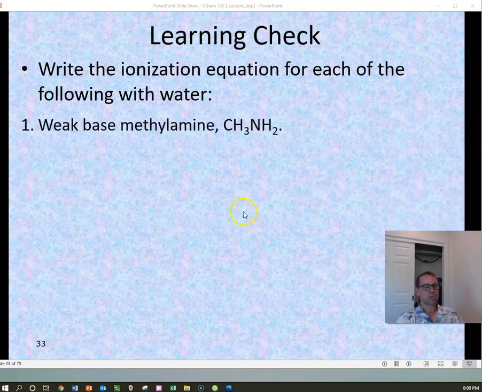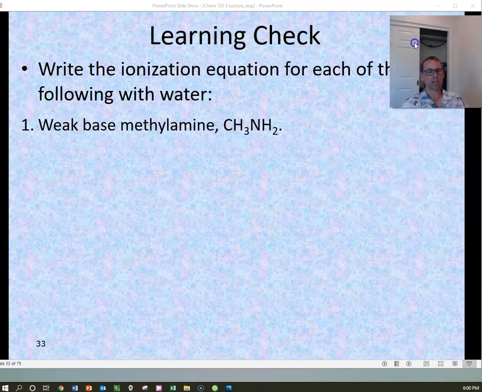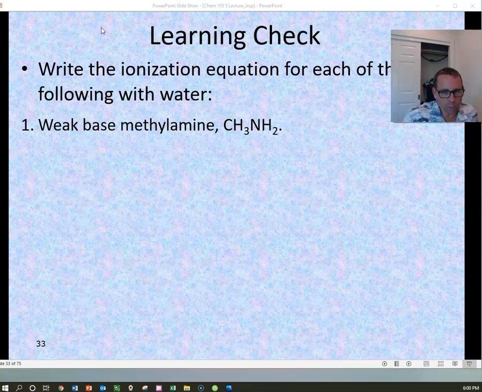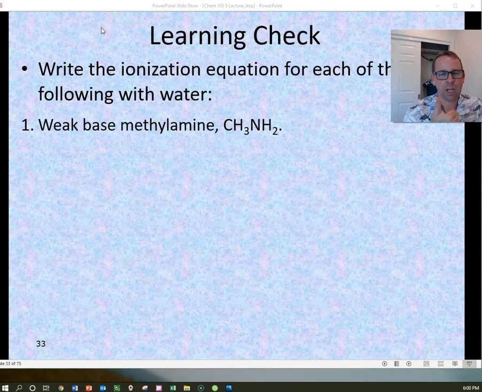So we would like to write the ionization of each of the following with water. Essentially, we're looking at compounds that are either ionic compounds, and we want to write their ionization, which we've had lots of practice doing.